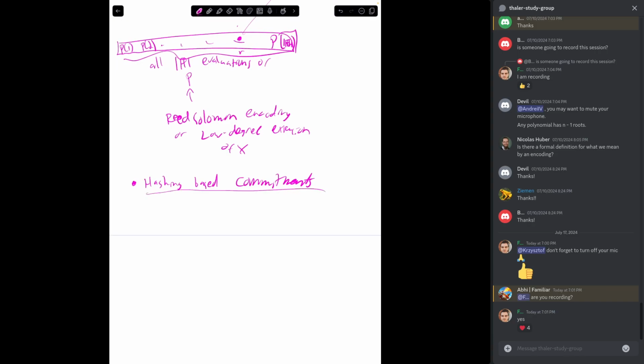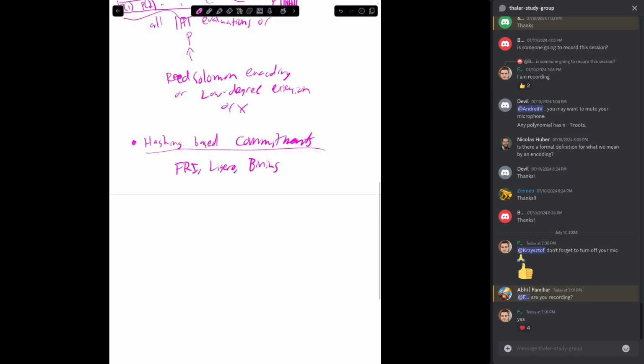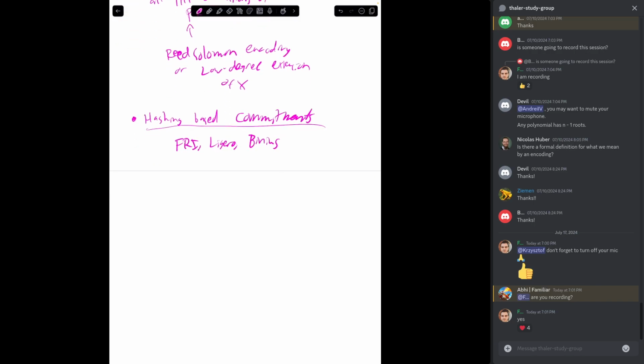Things like FRI, Ligero commitment, Binius, these all involve taking some vector that you want to commit to and actually encoding the vector with an error correcting code. And the prover does have to write down this encoding, and then the commitment will often just be something like a Merkle hash of the encoding. And so the commitment is just the Merkle root, something like that.